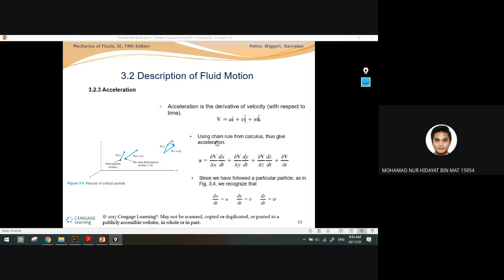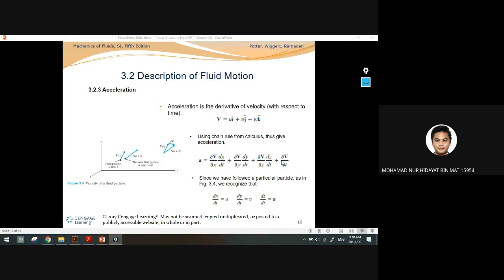So using the chain rule formula, partial derivative of V over partial derivative of X, dx over dt, you use the chain rule by adding the second terms of dx over dt, dy over dt, dz over dt.